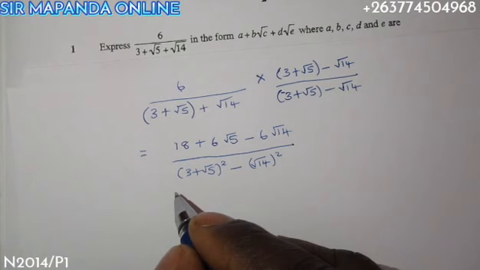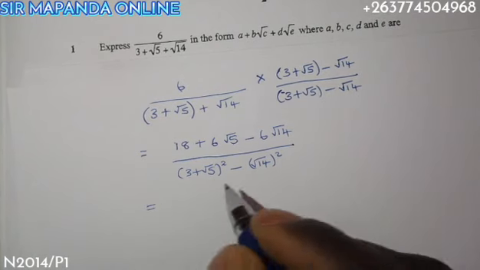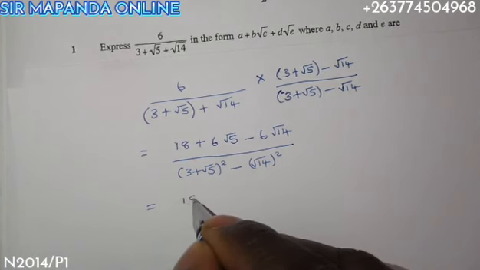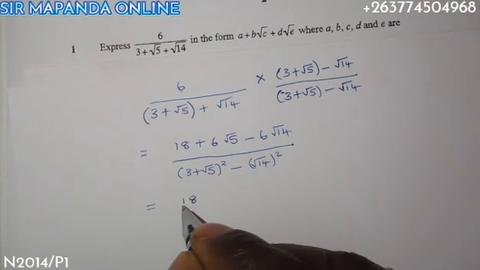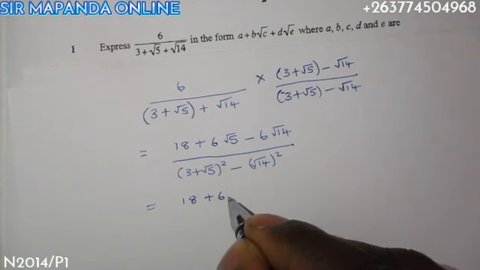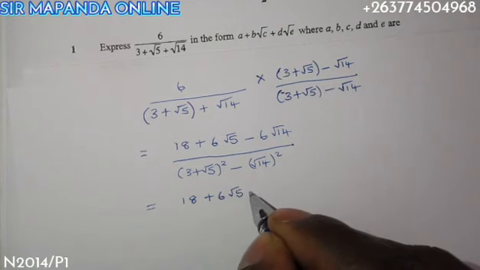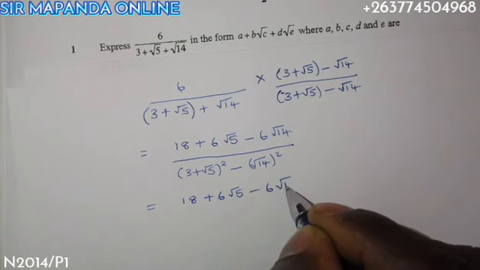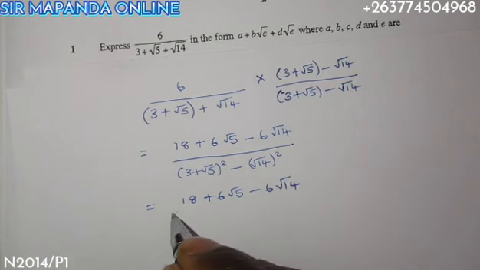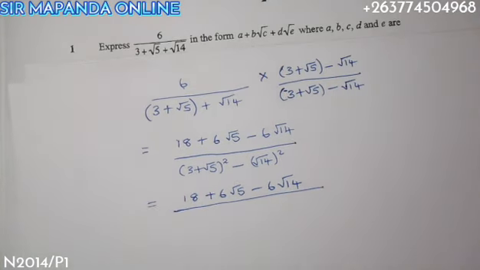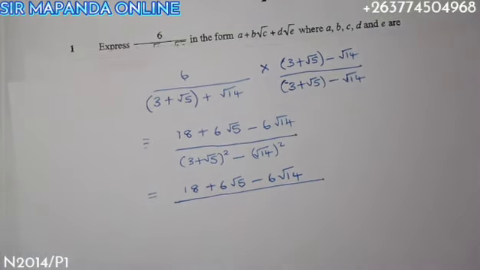Right. So on the above, I'm going to leave the terms like that, since we do not have like terms. So 18 plus 6 root 5 minus 6 root 14 cannot be reduced any further since they are not like terms. So let me expand below.